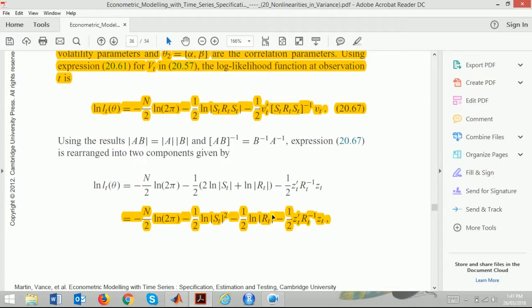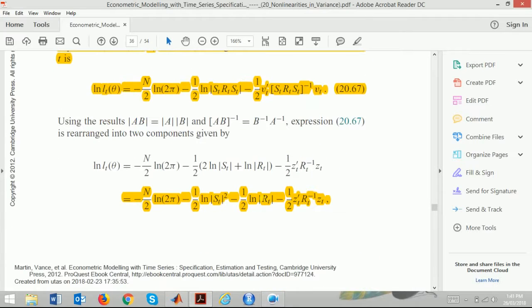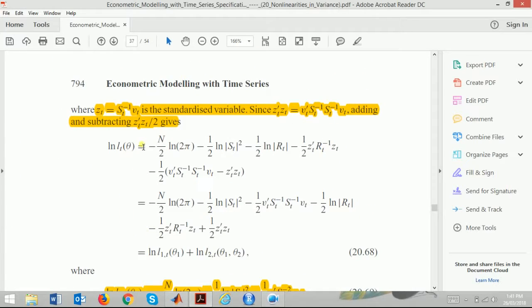So now this is more broken down, right? So you have 2 log S plus log R, something like that. Okay, so we're going to use that equation.